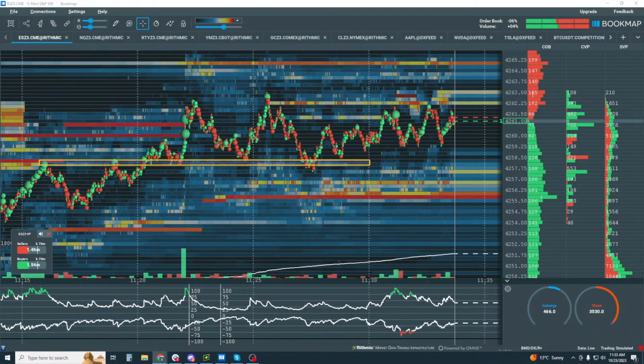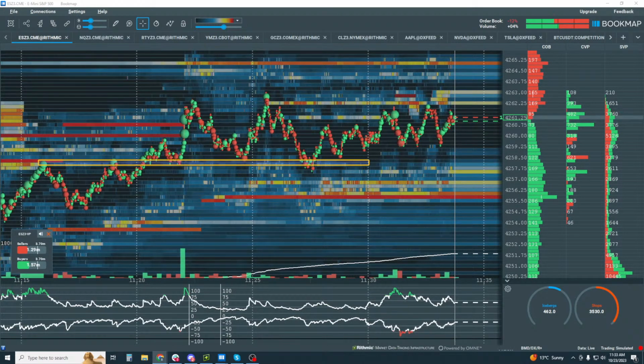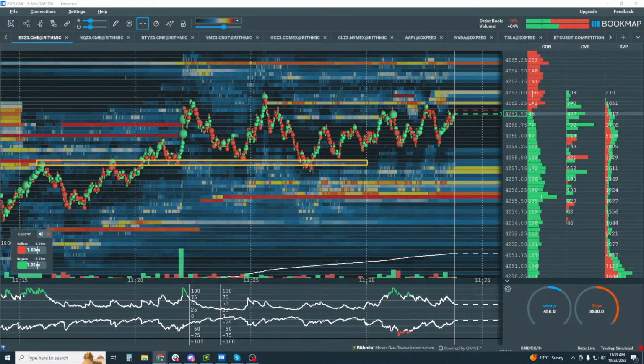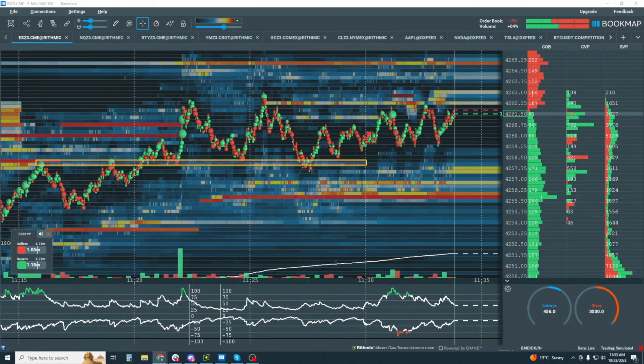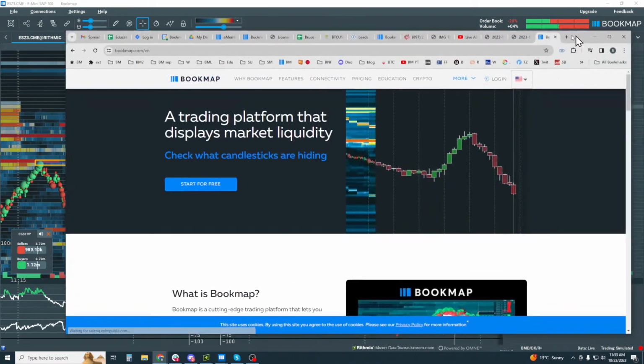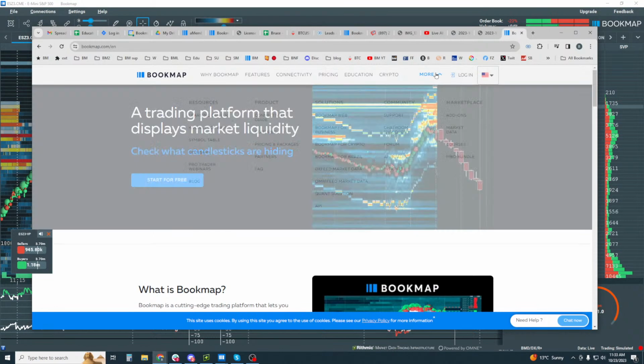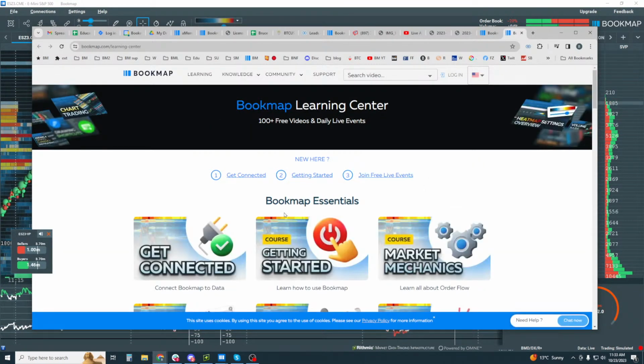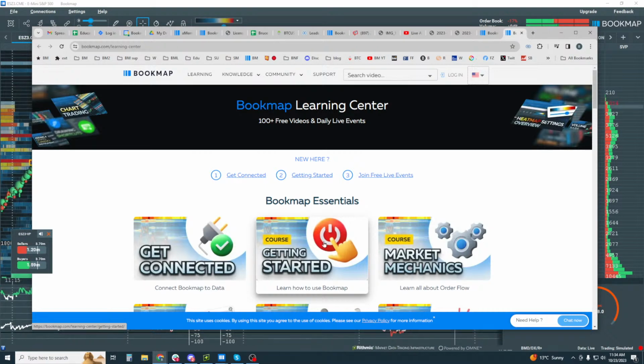Yeah, exactly. Thanks, Dan. The Learning Center you should find very helpful. If you have any questions about Bookmap, let me show you where you can go for that. Go to bookmap.com, click on the More button, and go to Learning Center here. In here, getting connected to data, how to use Bookmap, and getting started will be very helpful for you. This goes through the features and components of Bookmap.